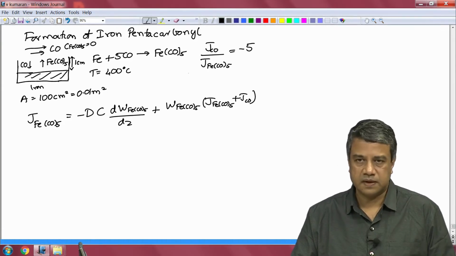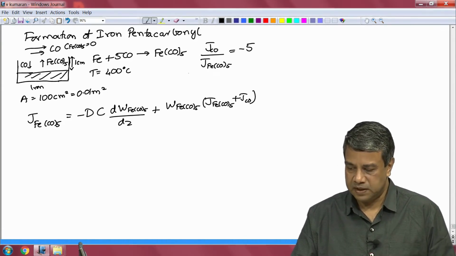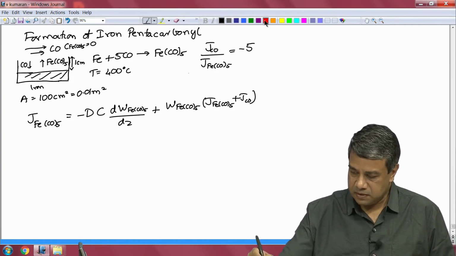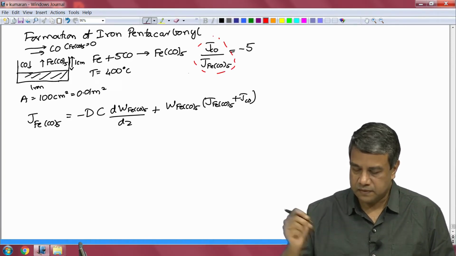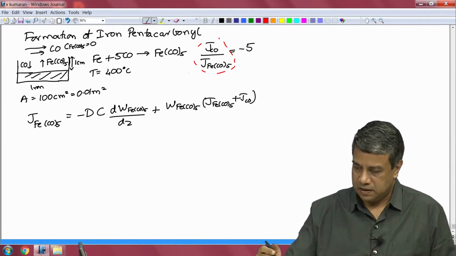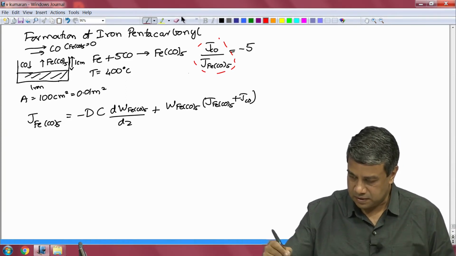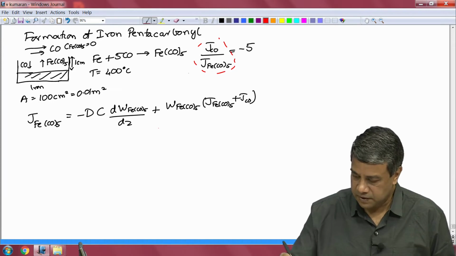A is FeCO5, B is CO. And this relation can be used to express the flux of CO in terms of the flux of FeCO5.